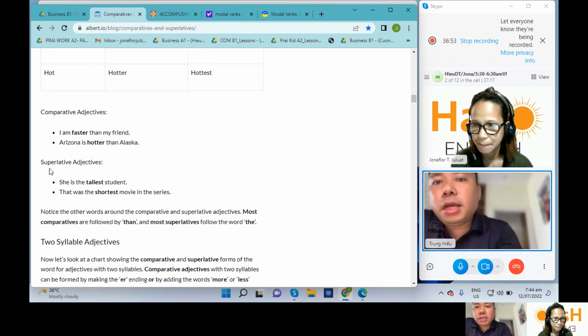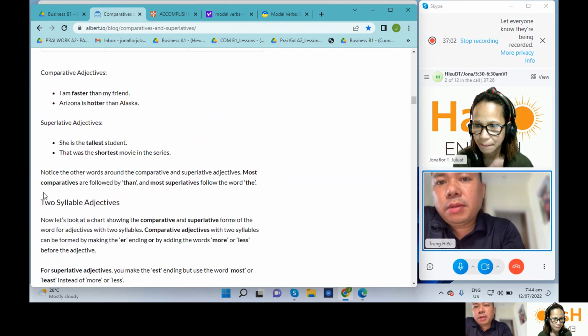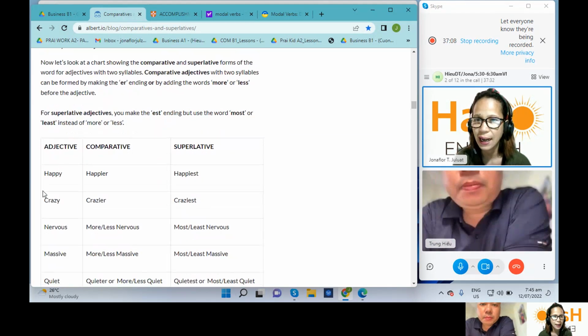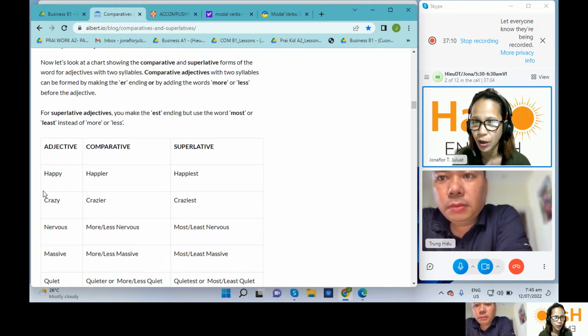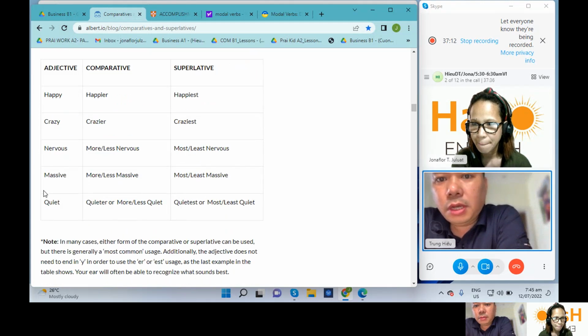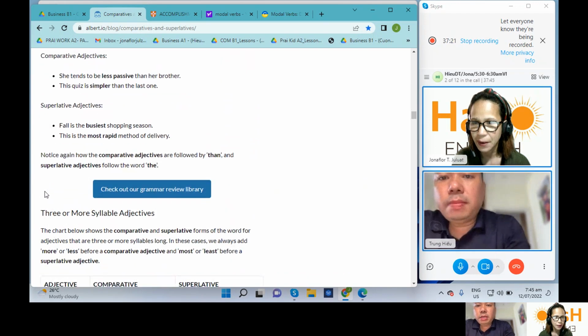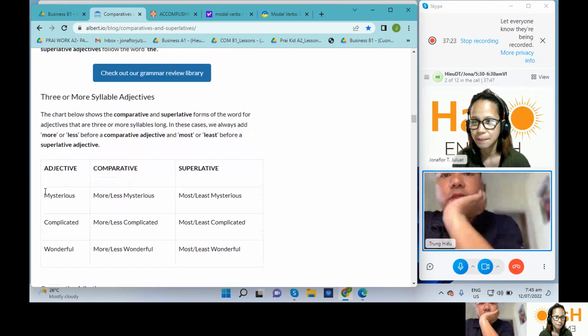I think that she is the tallest, and if the word has the, it will become a superlative: the plus the est form. The busiest, the most.